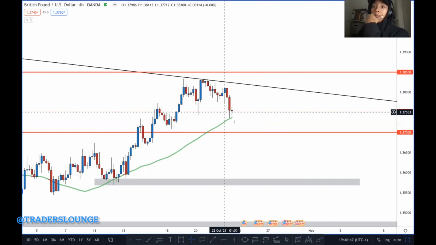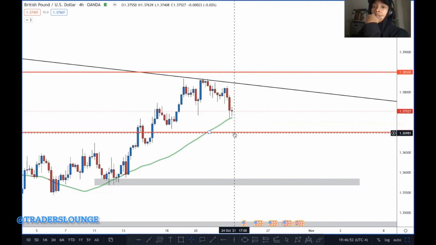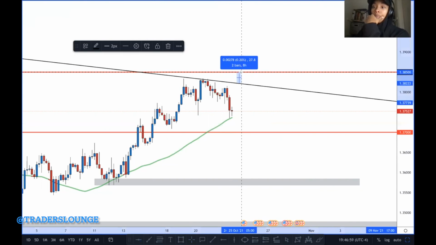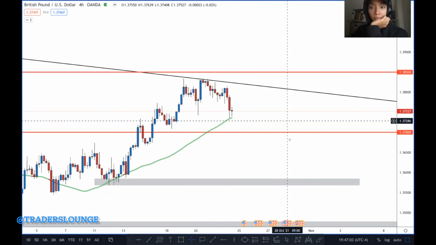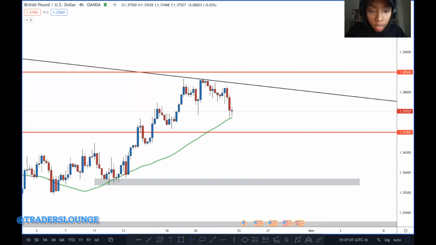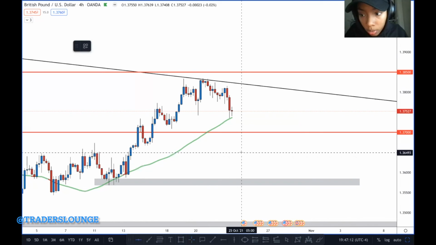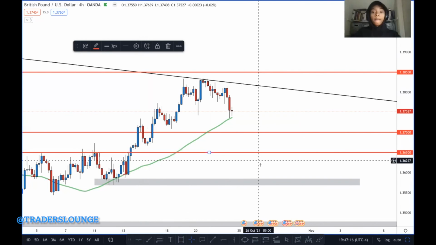Price could come down and touch 137, or price can go up about 30 pips, not bad, to 138.5. Then I also see 136.5, which is another area that I called out, right here in this area.